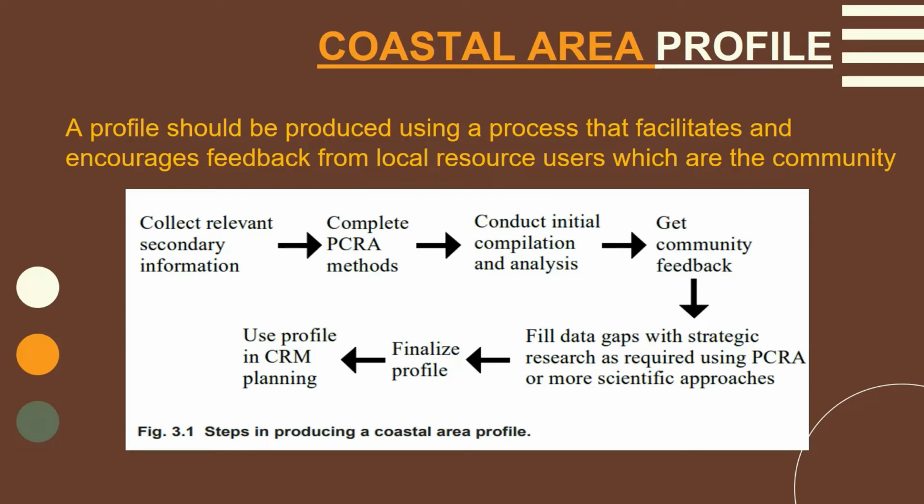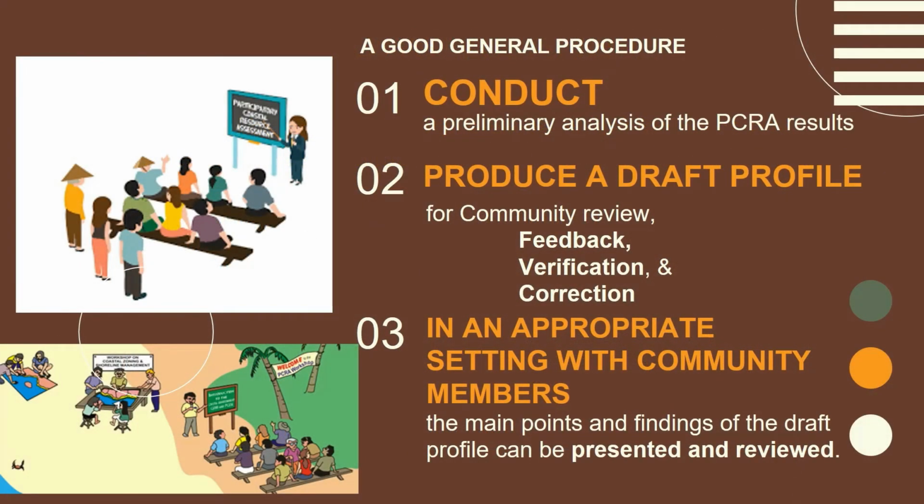In finalizing the profile, this process may need a higher level of understanding about the current condition of the coastal area, as well as more polished writing skill. A technical working group from among the participants may be organized to do the actual write-up of the profile. A good general procedure is to first conduct a preliminary analysis of the PCRA results.